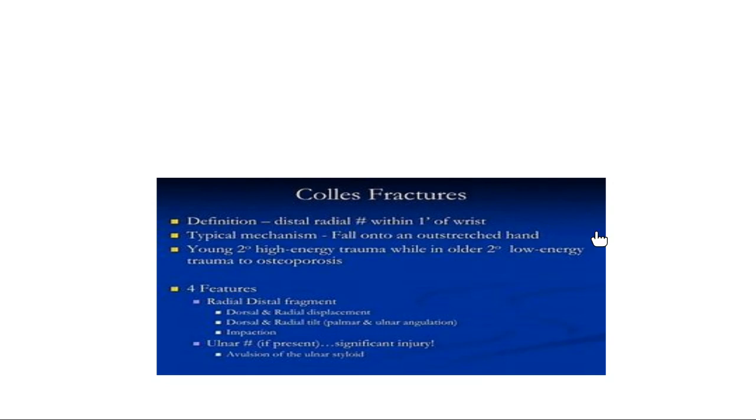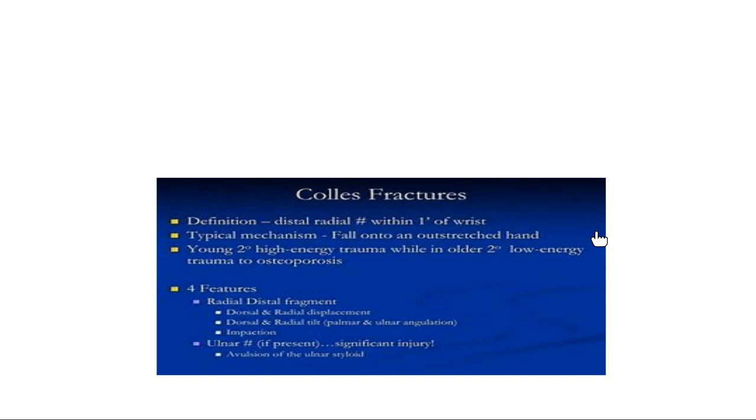It tends to occur in young individuals because of high energy trauma, while in older individuals, it tends to be low energy as a result of osteoporosis. Now, classically, Colles fracture occurs in postmenopausal women because of the onset of osteoporosis.